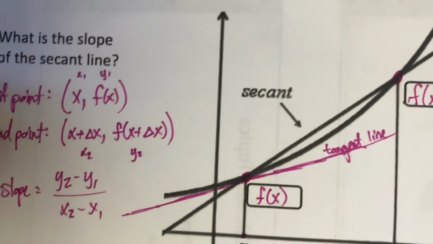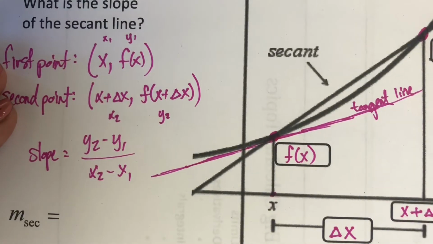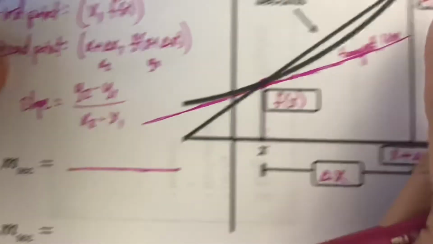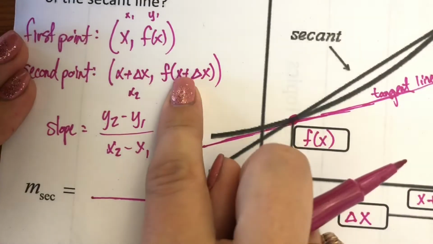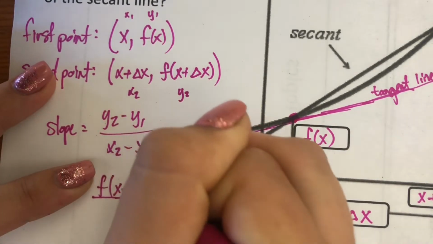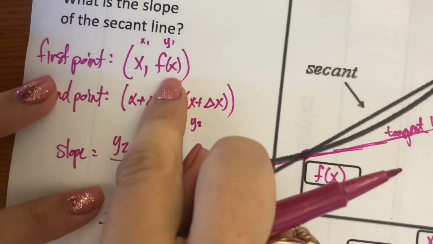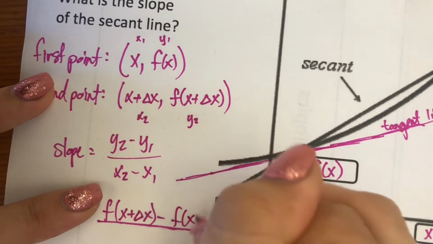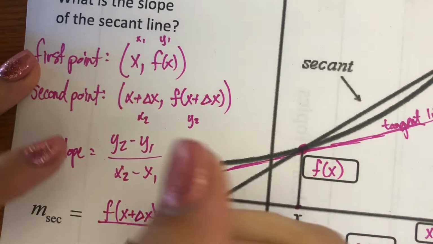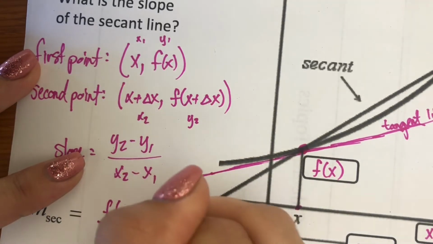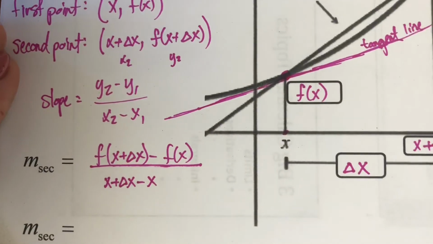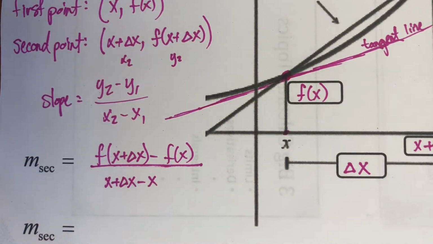What's the slope of that line? All right, let's go over it. So I got y2, which is f of x plus delta x, minus y1, f of x, over x2 minus x1. Great.